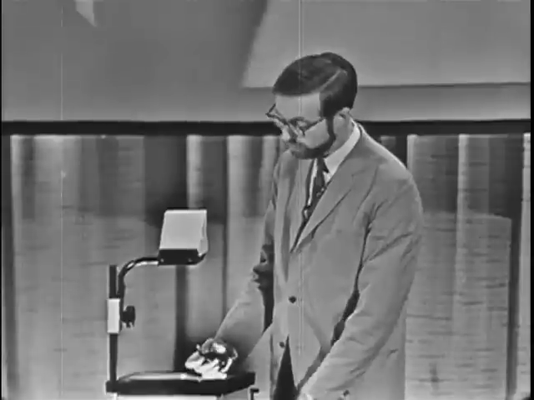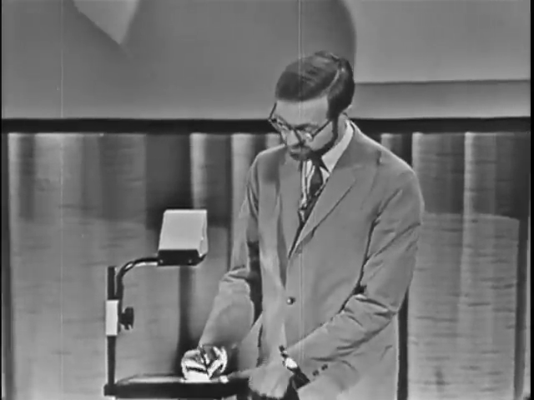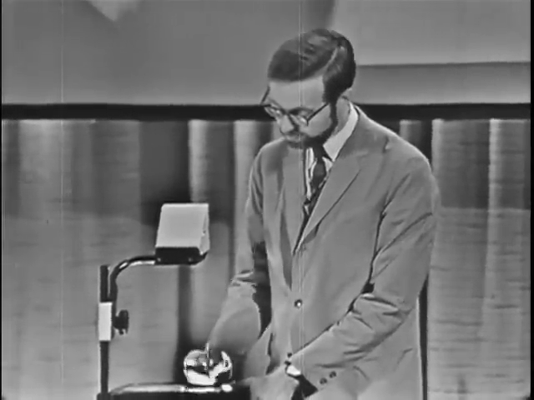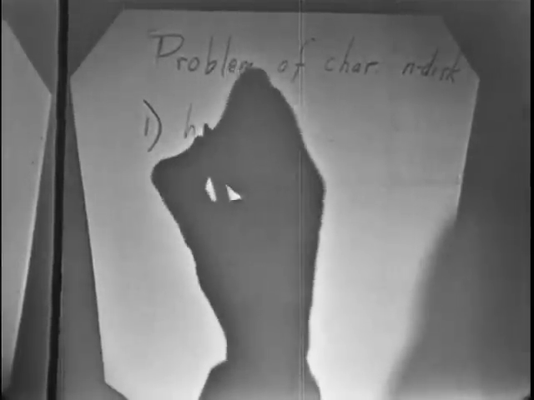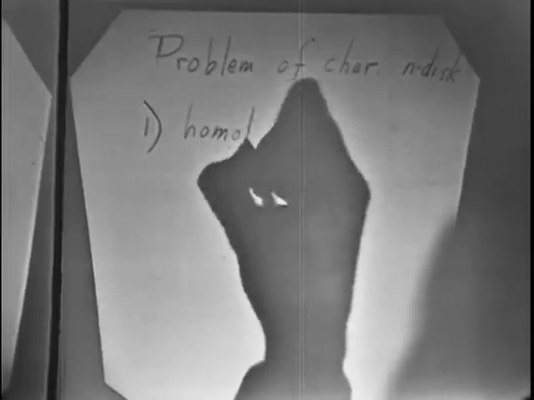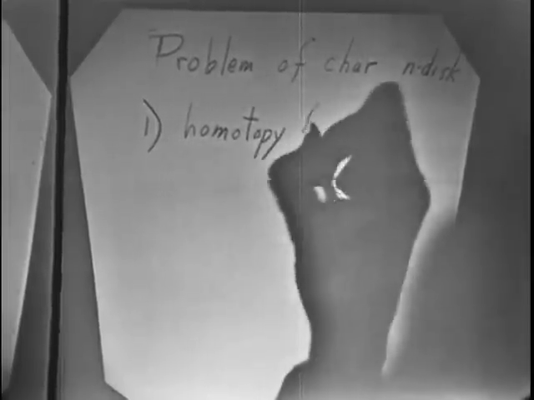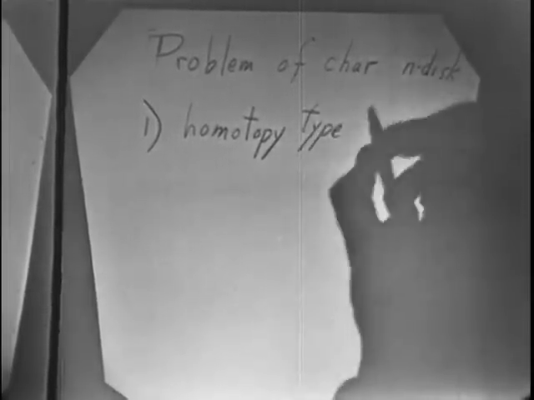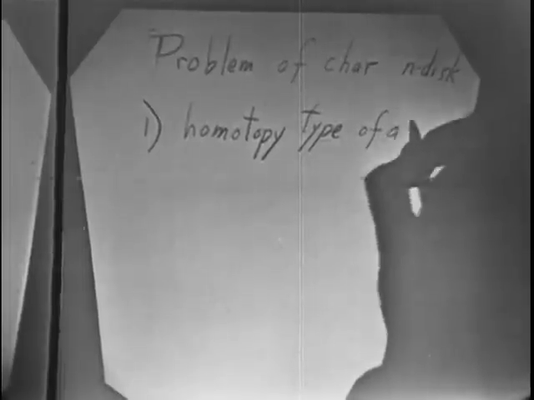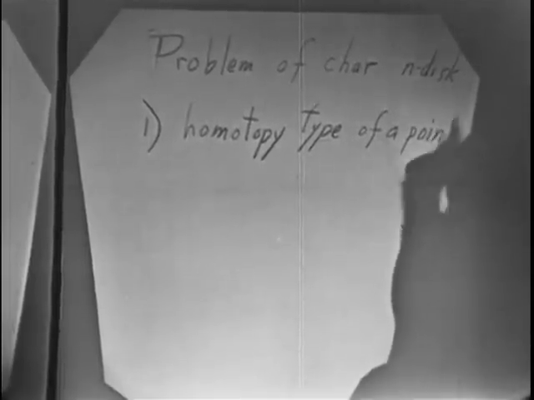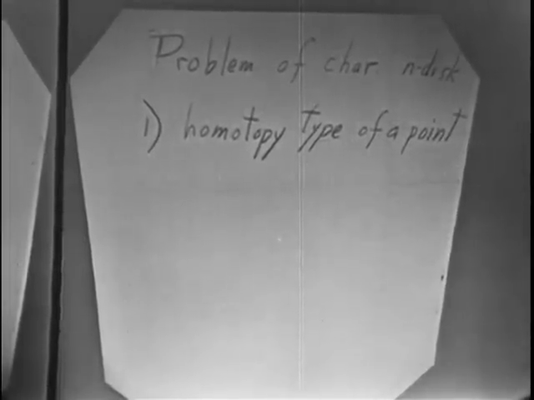Well, the obvious properties of the n-dimensional disk are, first of all, that it has the homotopy type of a point. In other words, it's contractible.